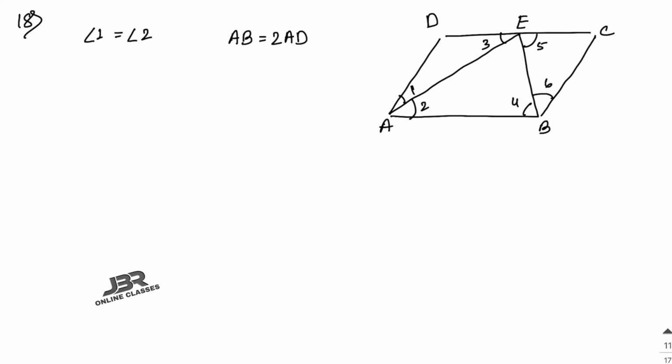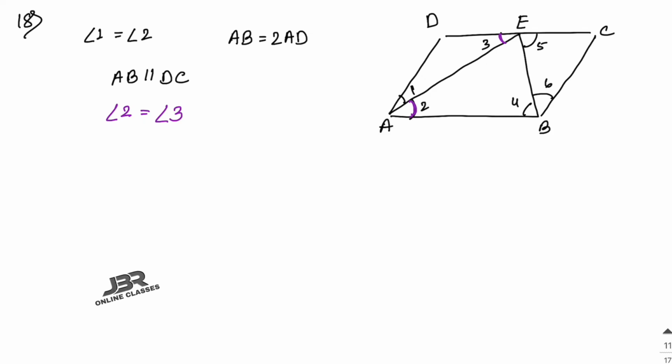As ABCD is a parallelogram, angle 1 is equal to angle 2, and you know AB is parallel with DC. That means if AE is the transversal, angle 2 is equal to angle 3, its alternate angles.